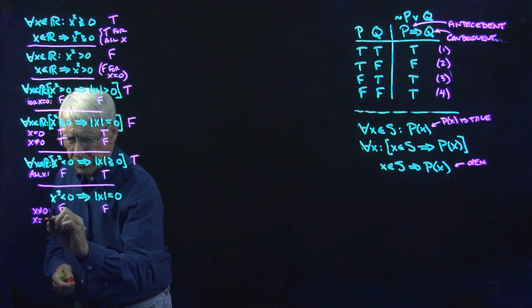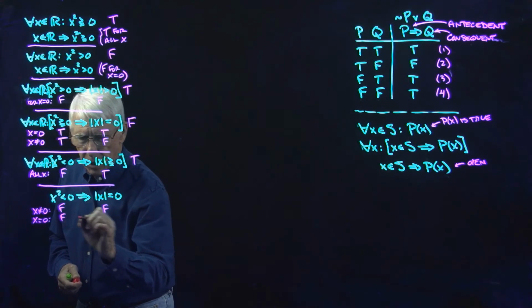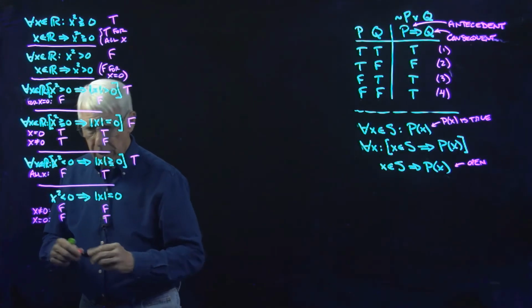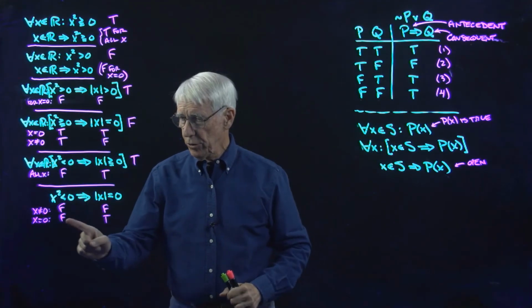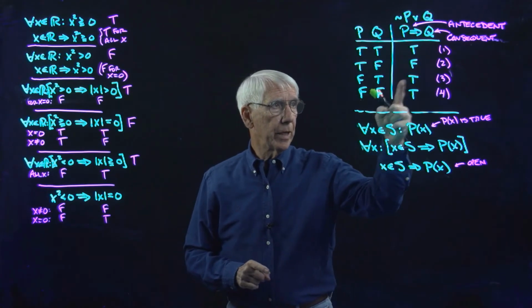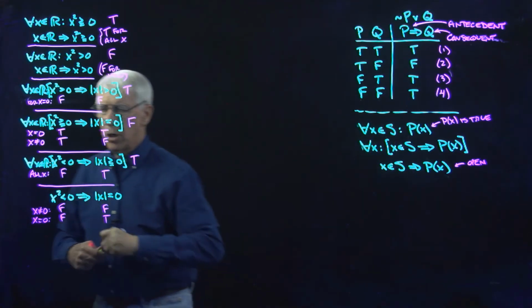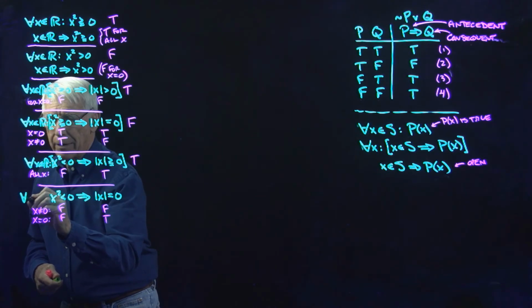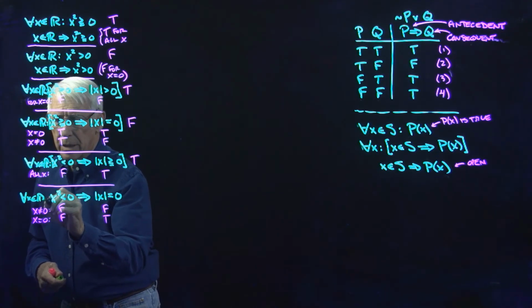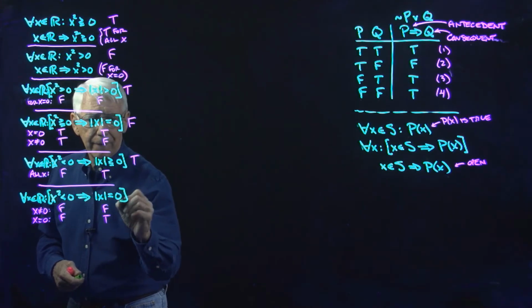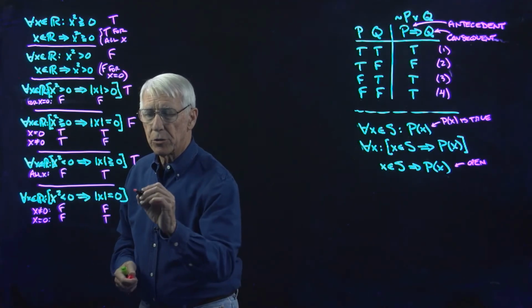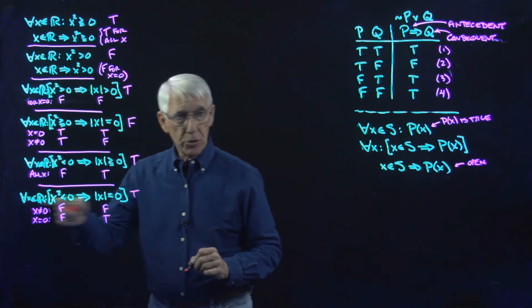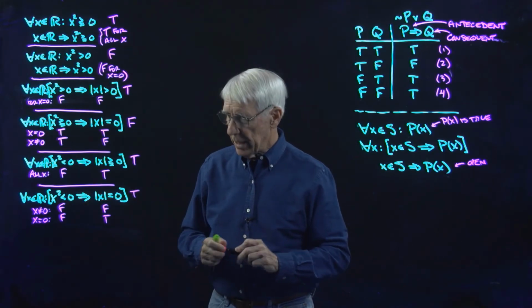For x equals 0, this is false, and this is true. This is line 4, so the implication is true. This is line 3, so the implication is true. So we know that for every x in R, this implication is true, the open statement is true, and therefore the closed quantified statement is true.